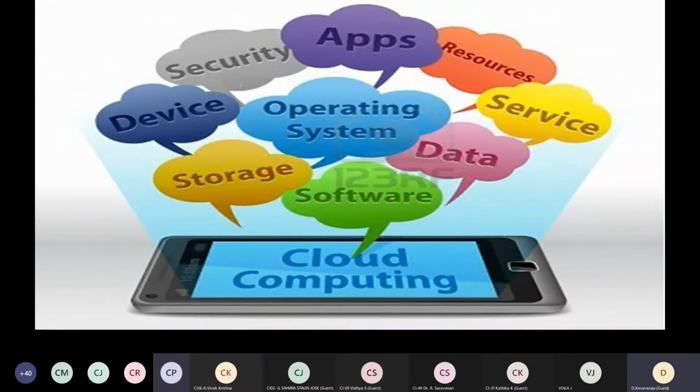Please listen carefully: based on the user behavior, it can automatically allocate the needed software, needed app, and needed resources, and provide a service. The entire behavior of the human being is understood by the mobile device. Behavior analysis is a core part of CI. Without CI, mobile cloud computing won't work.